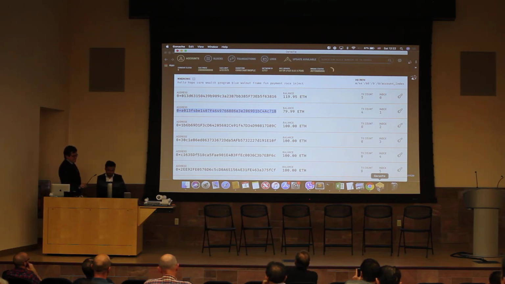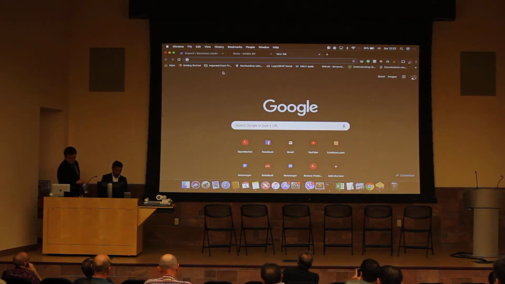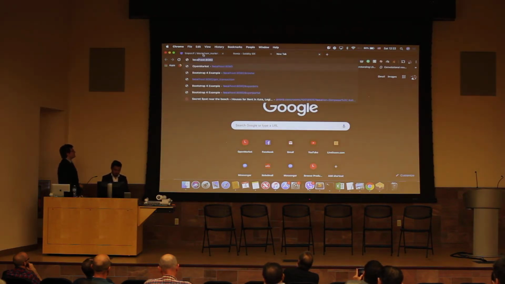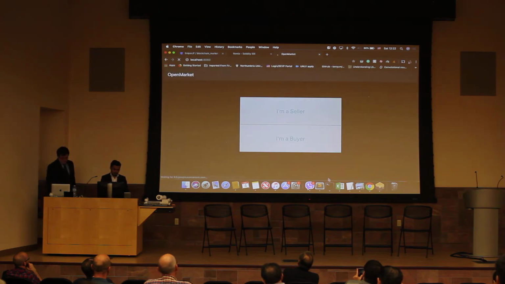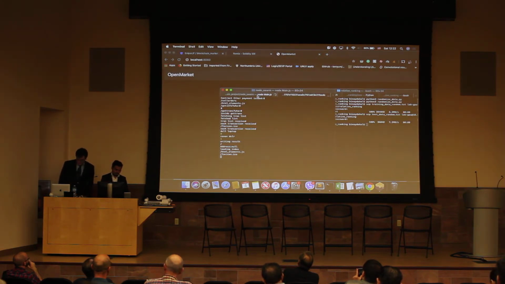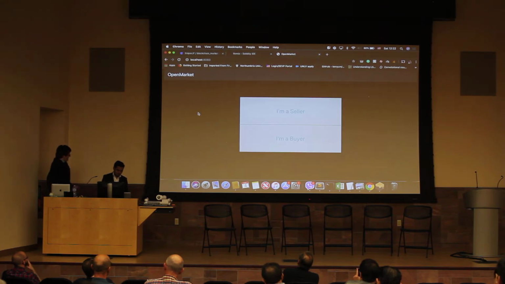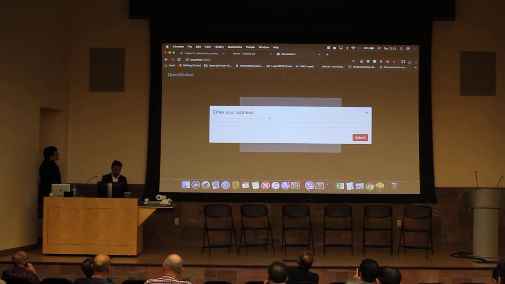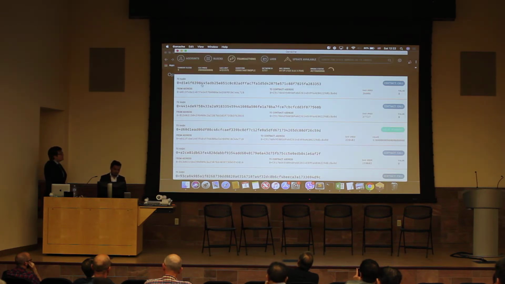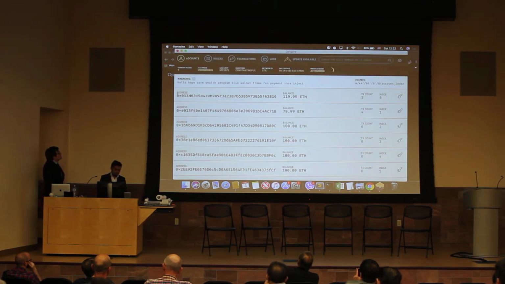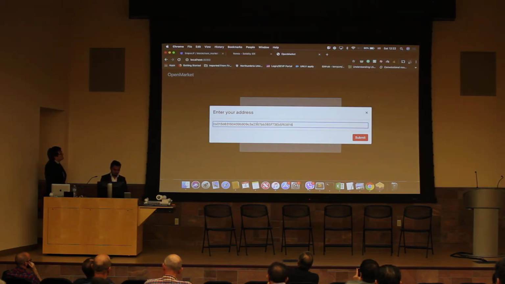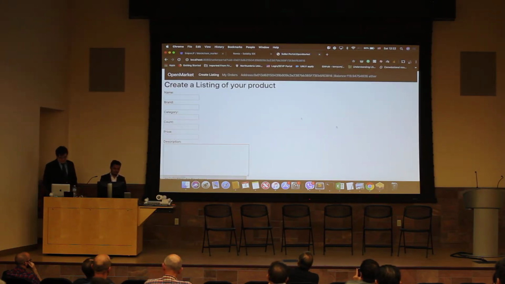We have already deployed our smart contract on our local Ethereum network. Now we can start using the application, and our Swarm node is running as well. So let's say a seller wants to create a product listing. So he or she can use, let's say I'm using this address as a seller, to log into the application.